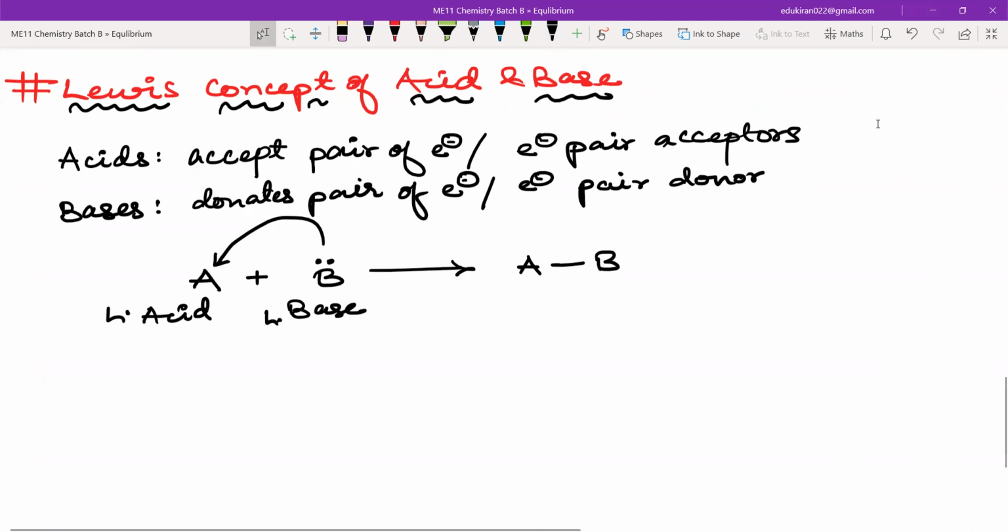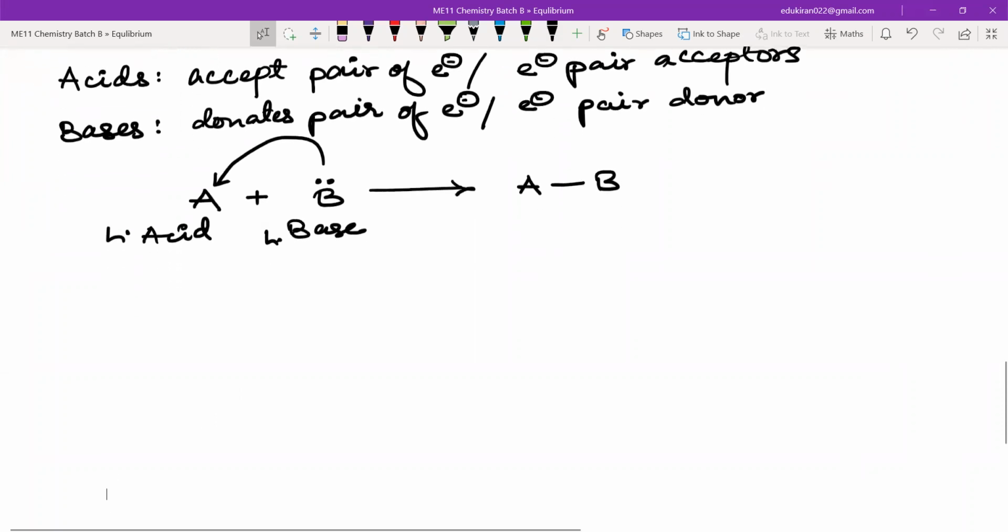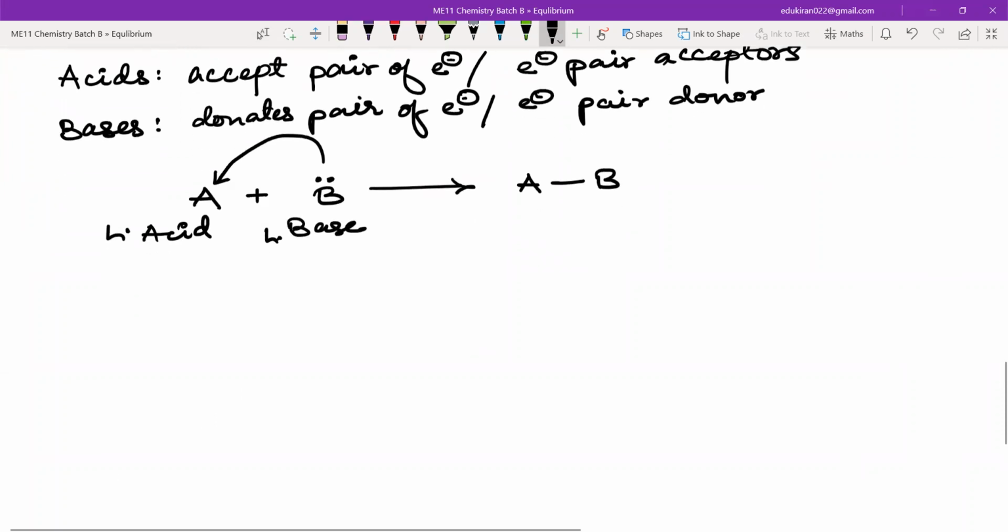Now, if I will categorize the Lewis base, then you will most prominently see only two categories of Lewis base.